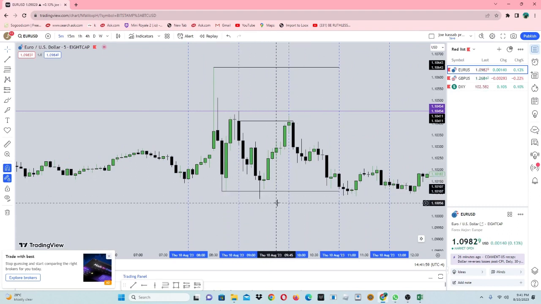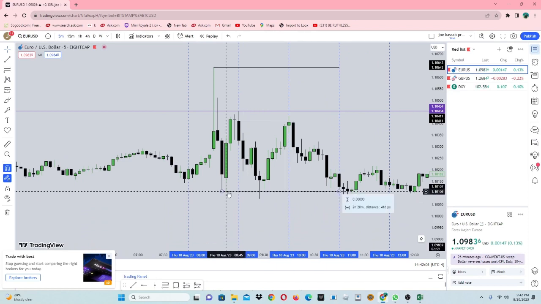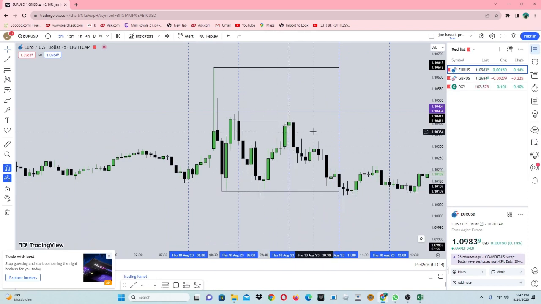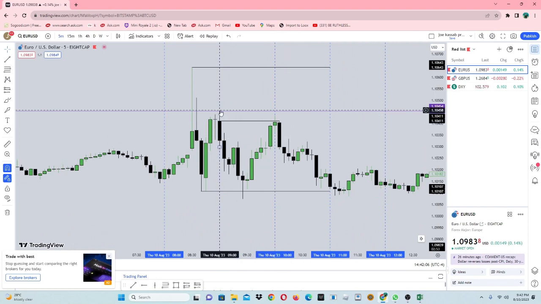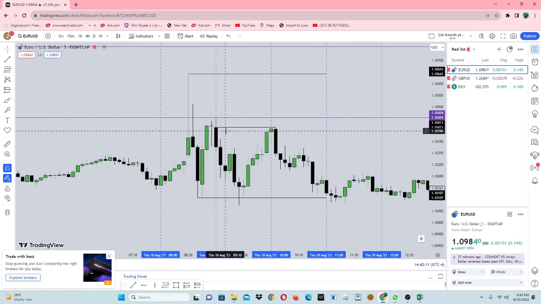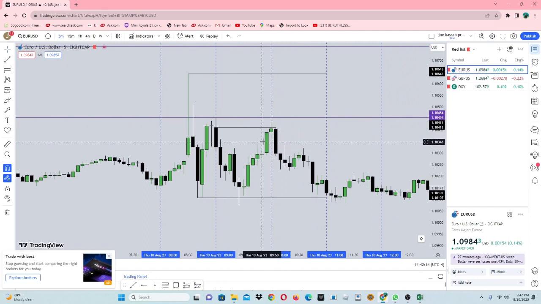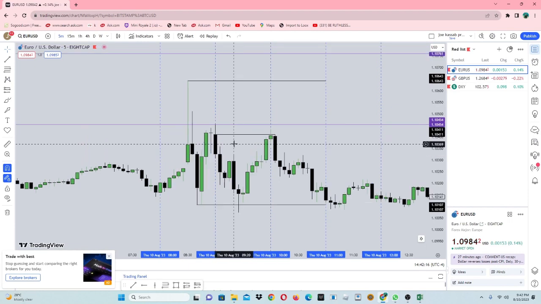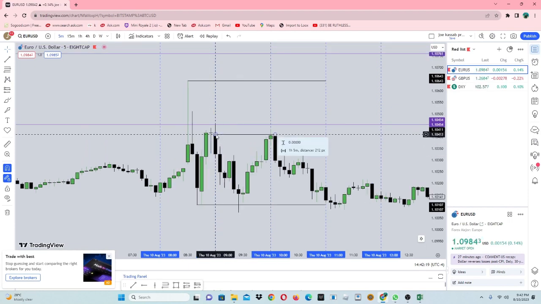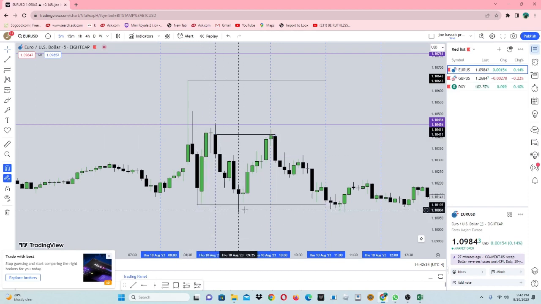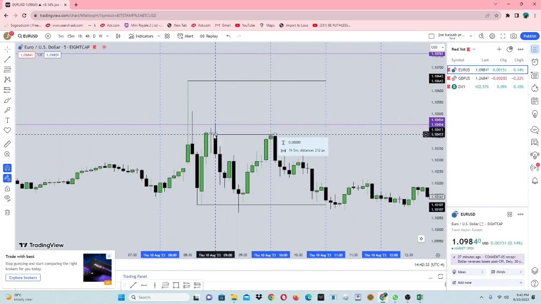What we did right here, we took the low of this candle and closed above it, so there is a high probability that this high would have been taken. But it did not take it. What happened is we formed a swing formation above the opening of this candle. At 9:30 we swept liquidity from the downside, then we tried to sweep liquidity from above, but we got rejected from the opening of the candle.